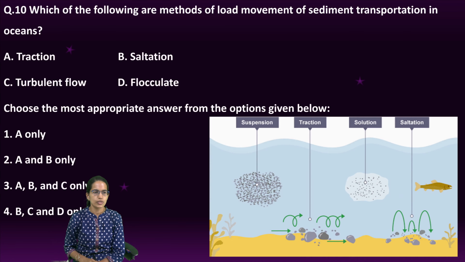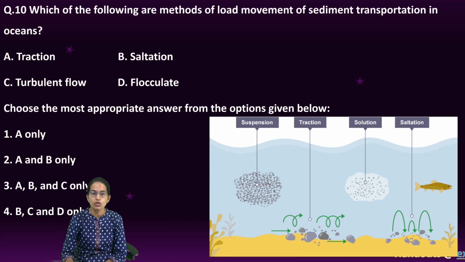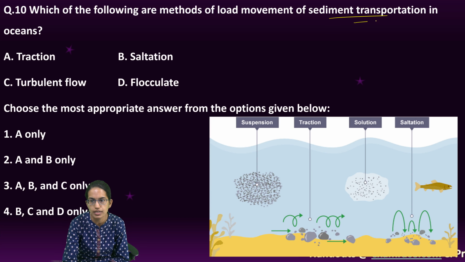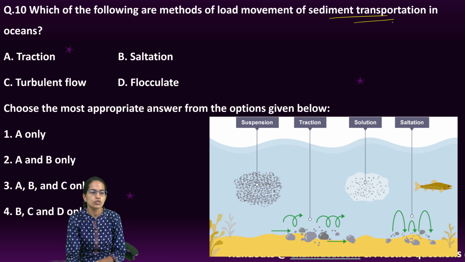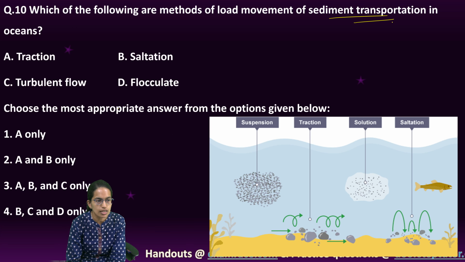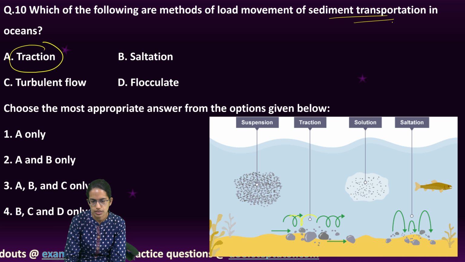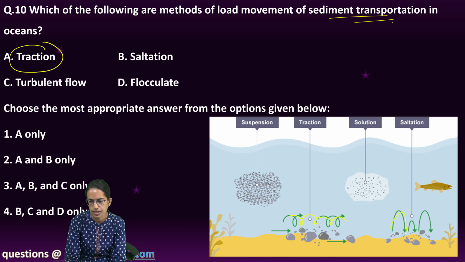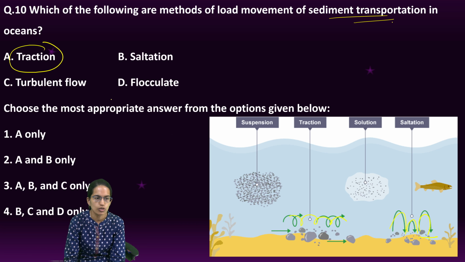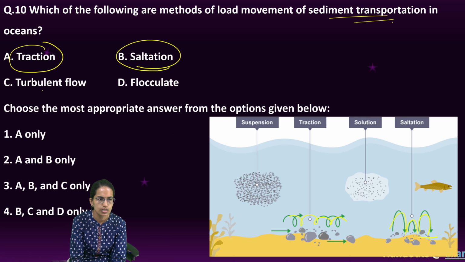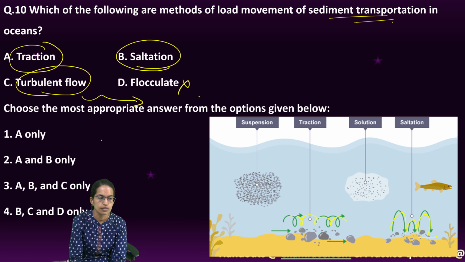Another important question is, which of the following are methods of load movement of sediment transportation in the oceans? So in the oceans we have three important ways. Either it is through traction, which is, as you can see, the movements here. Then you have saltation, jumping on the surface, so small pebbles bouncing on the sea surface, so it's saltation, and turbulent flow, that is flow with the water, not the flocculation.